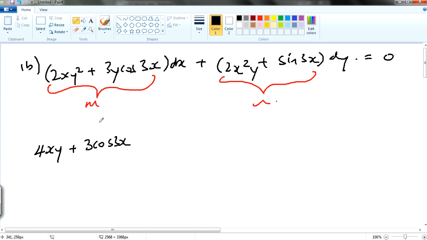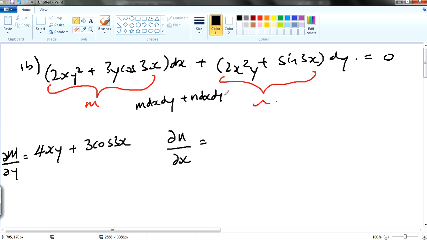So this is the partial of M with respect to y, and then for N itself, you differentiate in terms of x, the opposite variable, because exact means that this equals this.